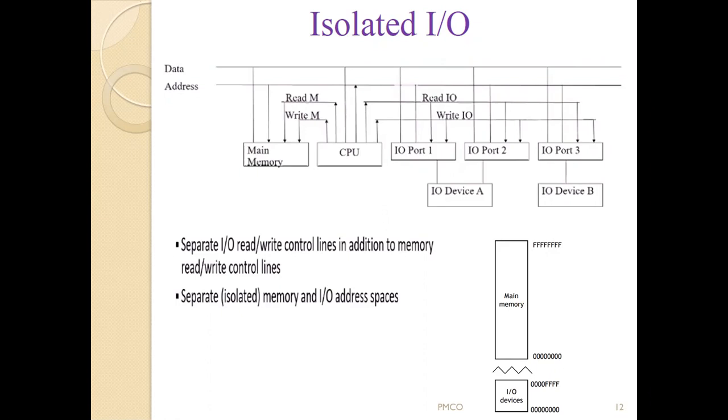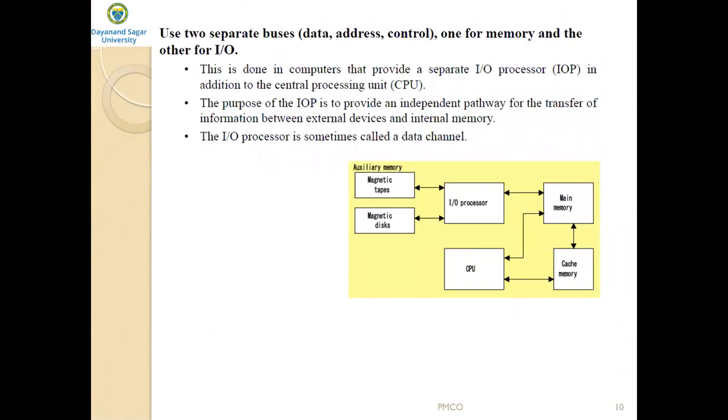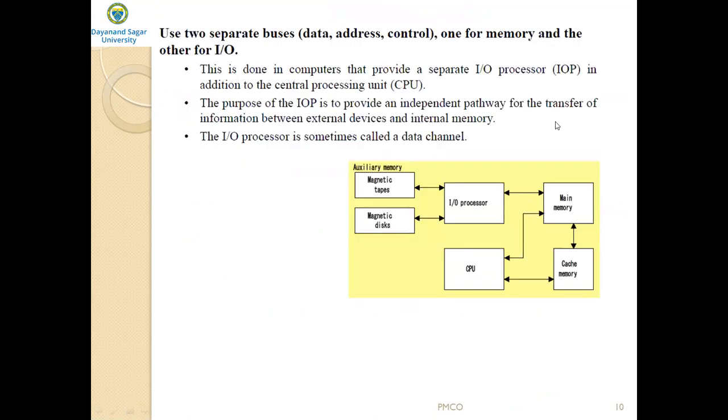An alternate approach to memory mapped I/O and isolated I/O is to use two separate buses, one for memory and the other for I/O. That is, using a dedicated I/O processor, commonly known as the data channel.